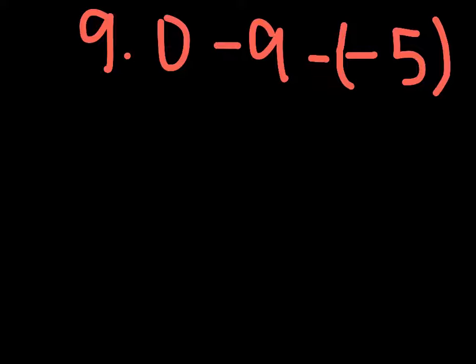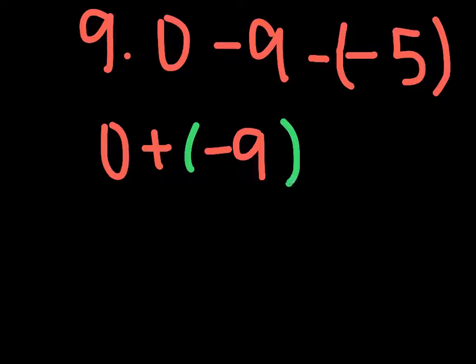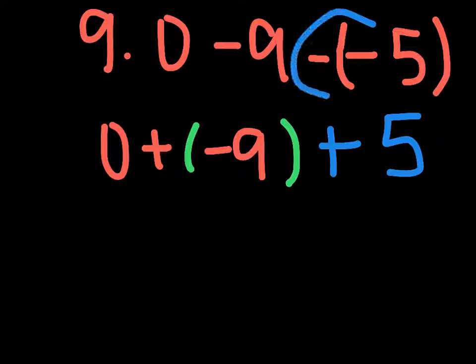Right, so remembering from key idea, we have 0 plus, I'm going to put my parentheses, negative 9, now plus 5. And why are we having plus 5? Because we drew our face, we remembered about our positive sign, and we brought it down, okay?